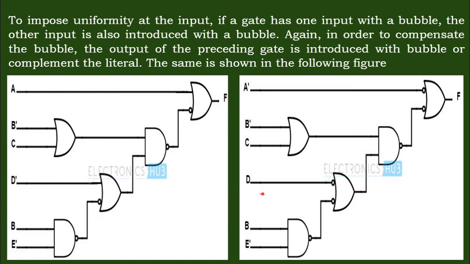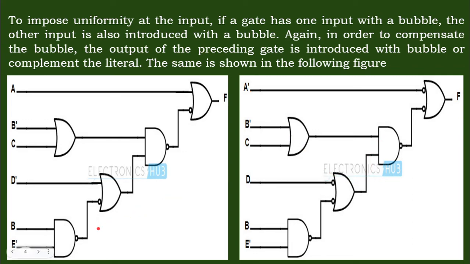So D bar is D and the bubble is added. So this step 3 is completed just by introducing a bubble if one of the inputs is bubbled. That means if one of the inputs is bubbled, make the other also bubbled and accordingly make some changes in order to maintain the value. So this step is done.